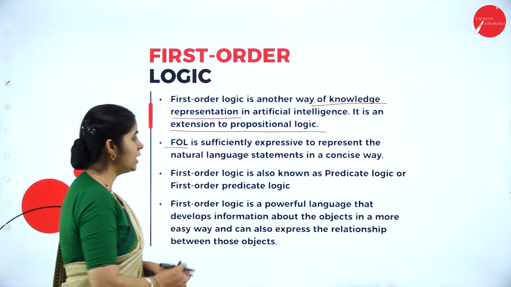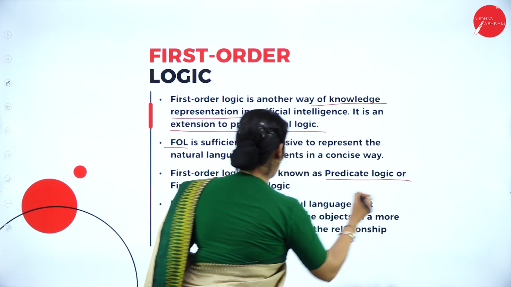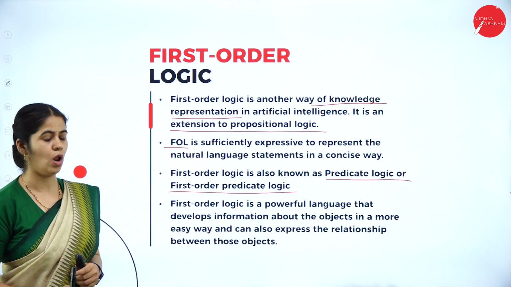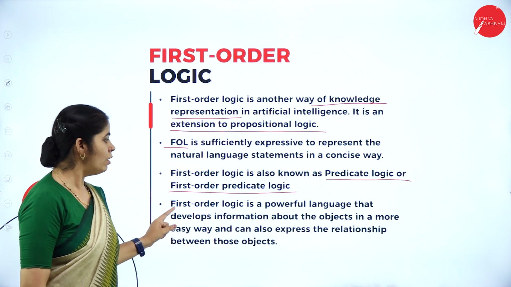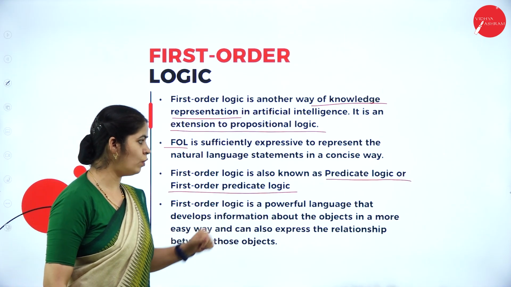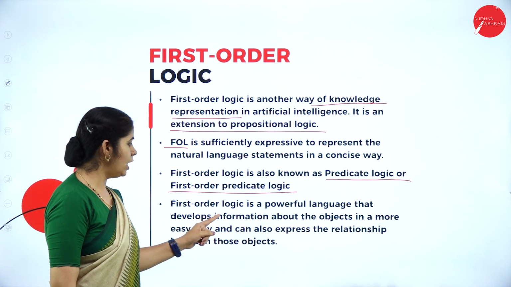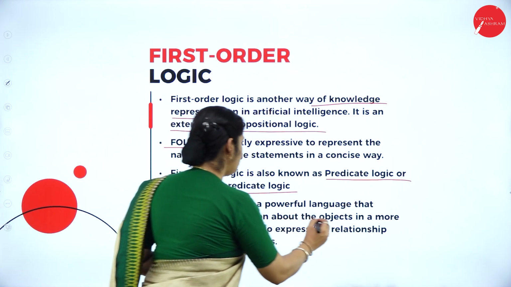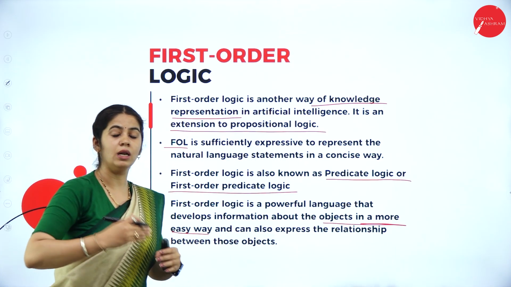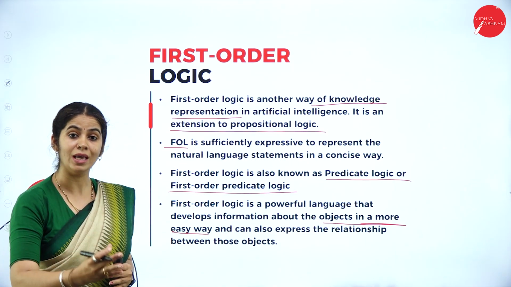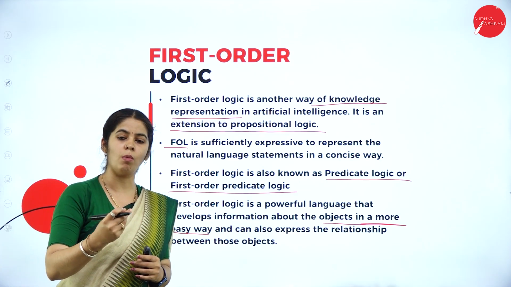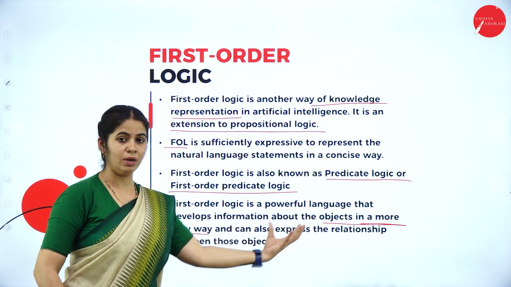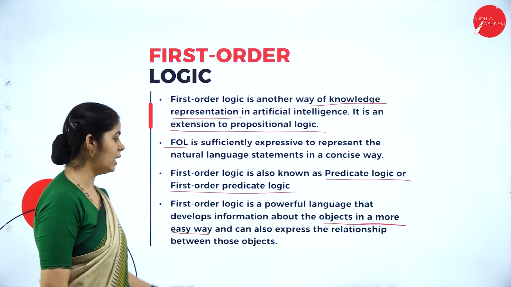First order logic is also known as predicate logic, or we can say first order predicate logic. First order logic is a powerful language that develops information about objects in an easier way. It provides information about real world objects more easily because we are representing it in the form of natural language, and we can express the relationship between the objects in the particular environment.